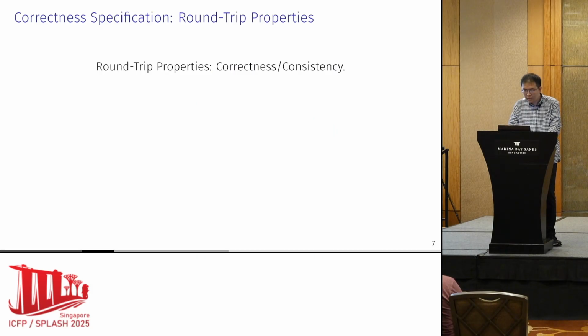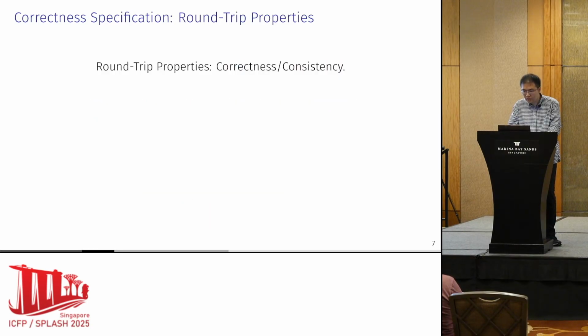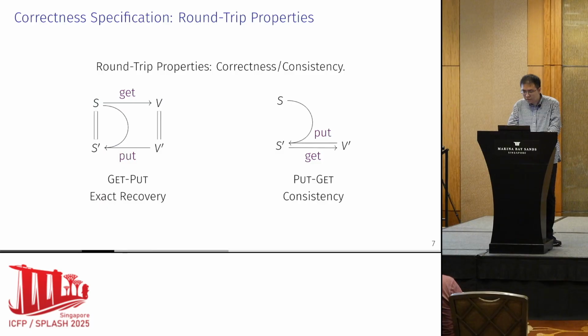Let's first consider the two strengths for pure lenses. We have this correctness specification, which we call the round-trip properties. They specify the correctness or consistency between the two directions of the conversion. The get-put property states that if we get the view, and we do not modify it, and we directly put it back, we should get back the exact same source, which means exact recovery.